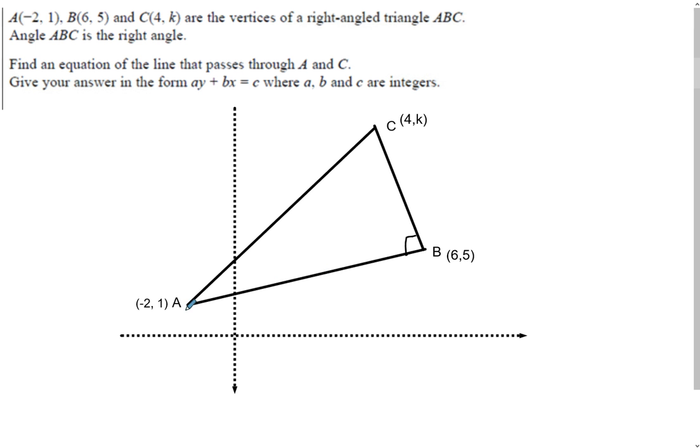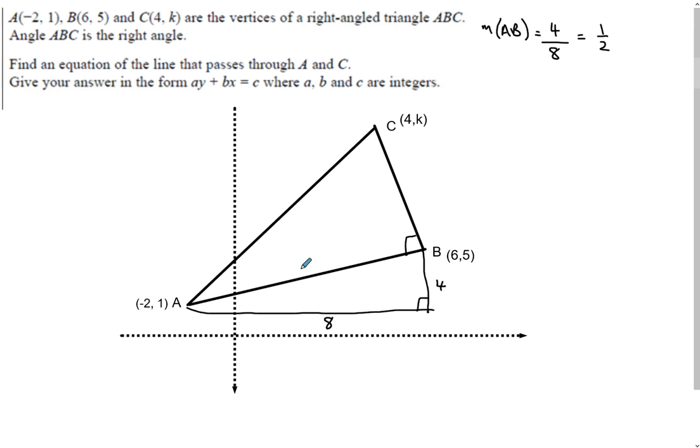Okay, so let's find the length of this line. So again, you could draw your triangle, but after a while you'll be able to do it with the coordinates themselves. So from -2 to 6 is 8, and from 1 to 5 is 4. So your gradient of AB equals change in y, 4, divided by change in x, 8, so that's a half.